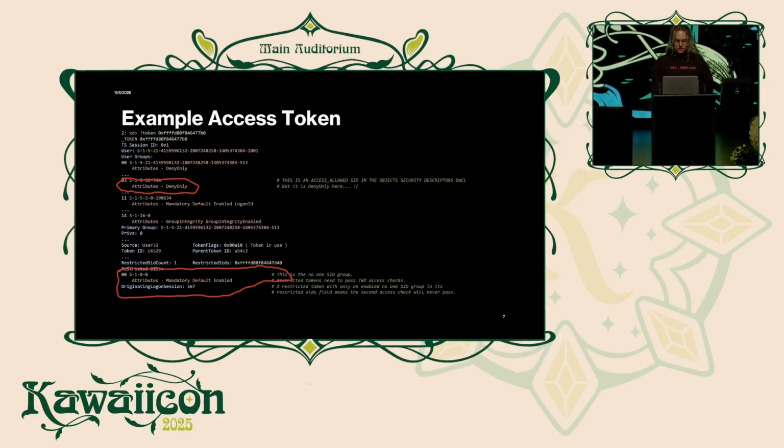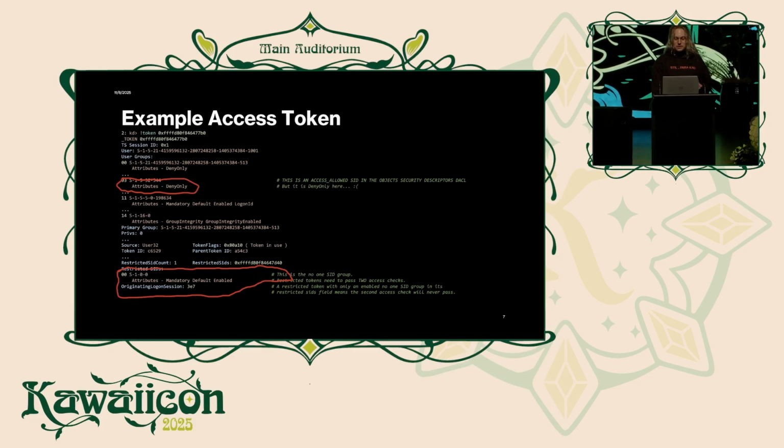And also, we're going to go into this in detail, but just keep this in mind. And then down the bottom, you can see the second big squiggle. We've got restricted SID count of 1, and we've got a pointer to the array that has them. And in that, we have the Null SID. The green text on the right-hand side gives you a little bit of detail about that.